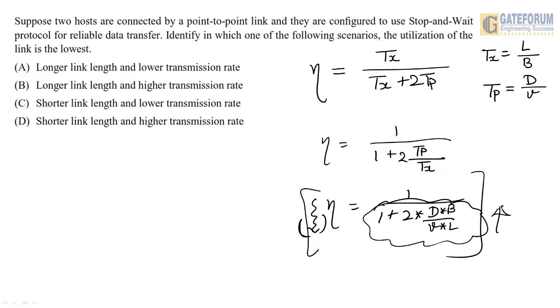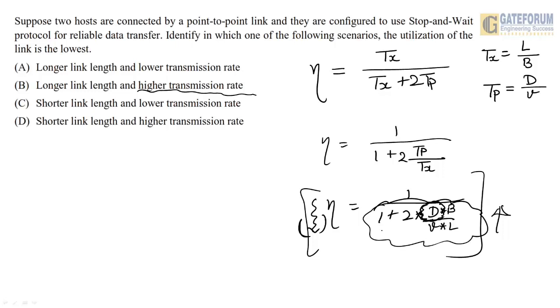If we increase that value, then the efficiency decreases. So we need to increase the bandwidth, which means a higher transmission rate. And then there is the distance.